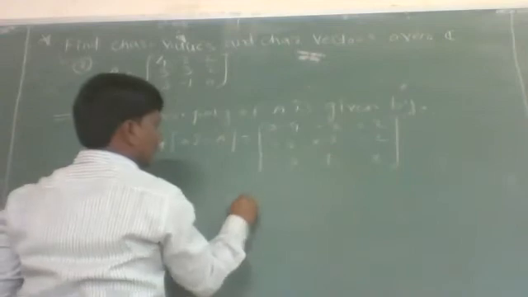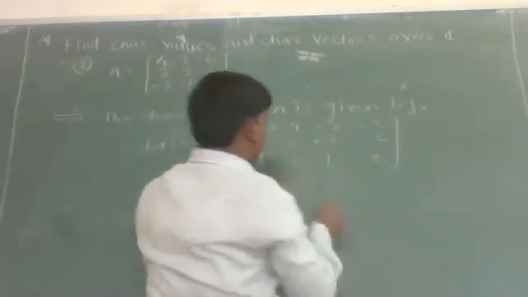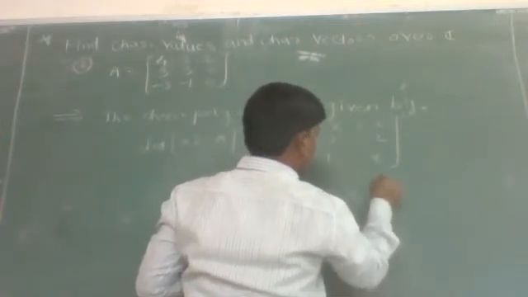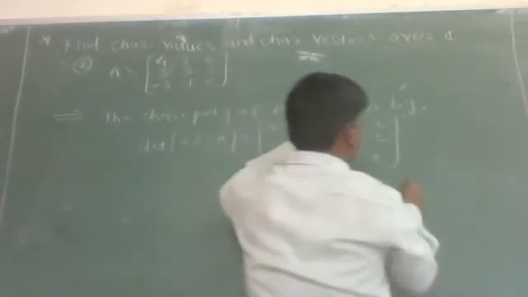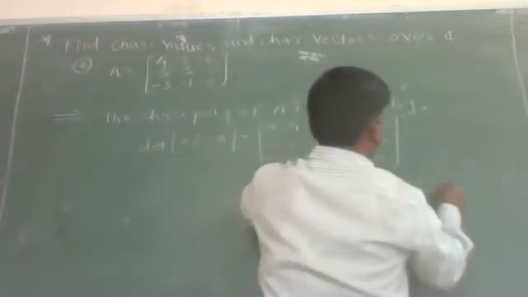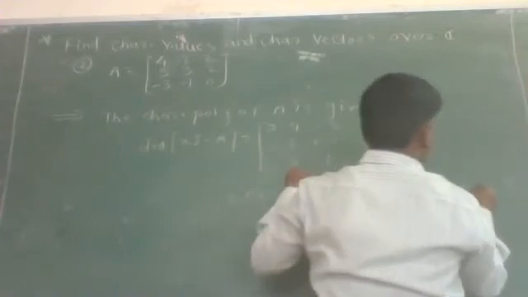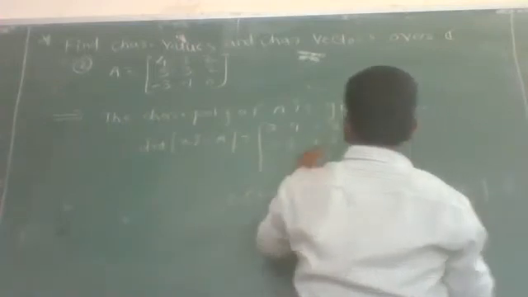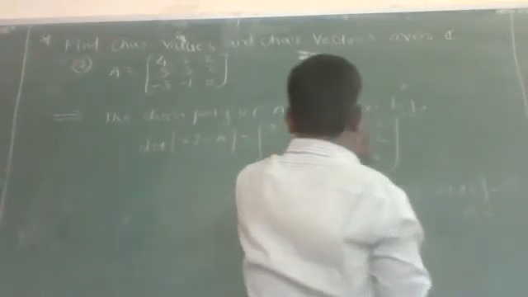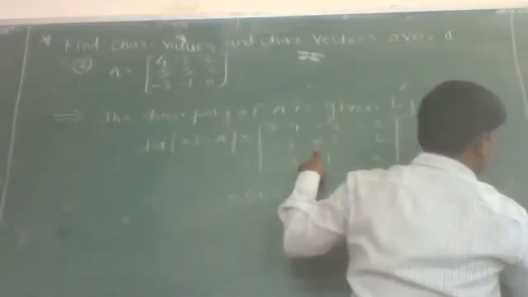So which is nothing but x minus 4 into x minus 3 into x plus 2, plus 2 into minus of 3x plus 6, minus of 2 into minus 3, minus of 3 into x minus 2.